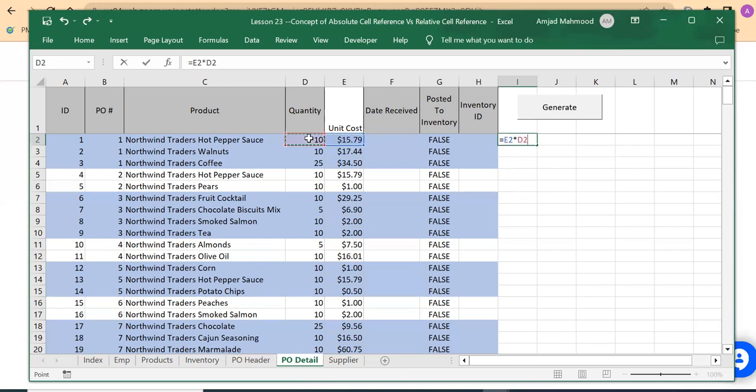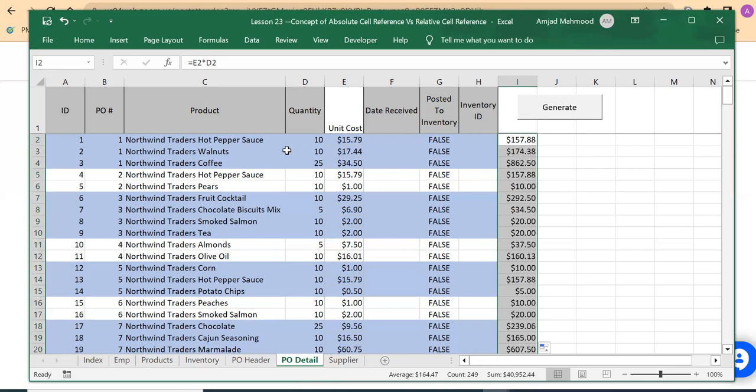We are not writing 10, we are writing D2, so that when it is copied downwards, the respective quantity is multiplied by the price. This is due to the relative addresses.